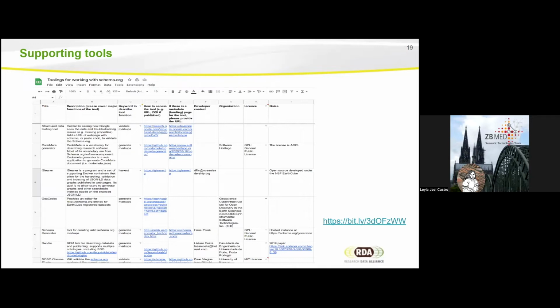Some of them could combine the validation of the structured metadata with FAIRness. So they could offer also FAIR evaluators. And some of them maybe even have some generators for you to have a starting point in order to populate the structured metadata on your website. We have here a short URL that you can see, so you can go in more detail and find more information about these supporting tools. Next slide.